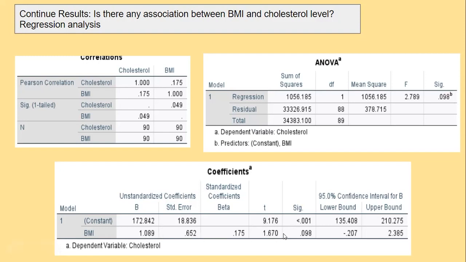However, if we look to see if this correlation is really statistically significant, here we have 0.98. That means this association between the two is not statistically significant. And the other thing is the confidence interval between the two, it does contain 0, because it runs from -2.07 to 2.38.